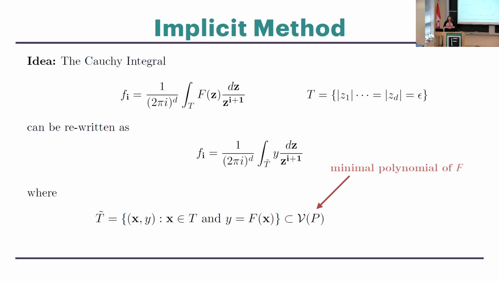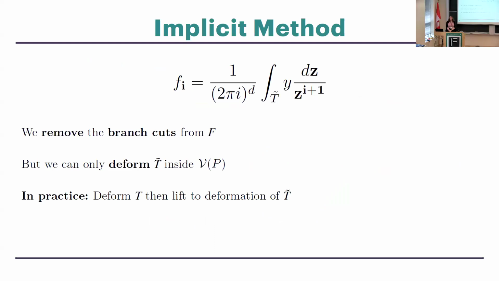In particular, this means that T tilde is a subset of the singular variety of P. If you think about it, since P is the minimal polynomial of f, anytime I substitute those in, it's going to be 0. And so we can use this to our advantage. If we remove the branch cuts of f, we can only deform T tilde inside the set where P goes to 0, so inside that variety of P.